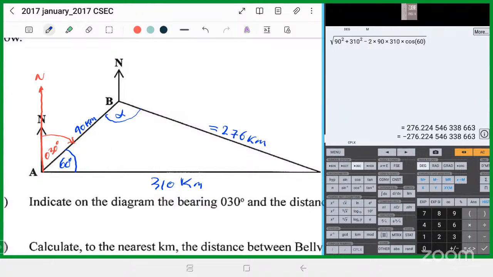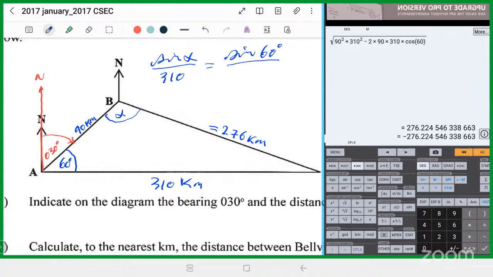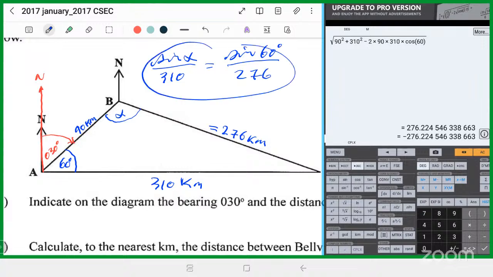So it's going to be sine of this angle over this side, sine of alpha over 310 equals sine of the angle that you know, which is the 60, over the side opposite to it, 276. And you're transposing this now to make alpha the subject. Find alpha.